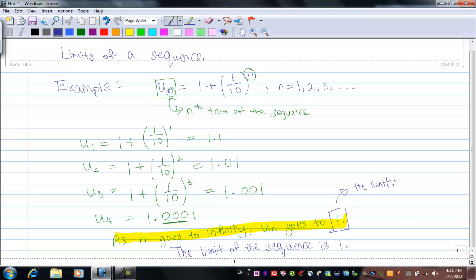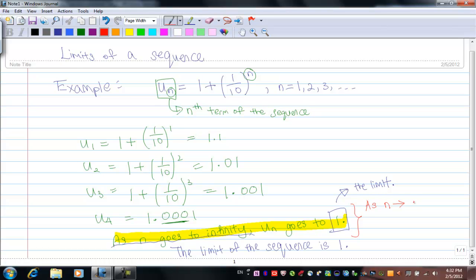Okay, and note that this is the value that it converges to as n goes to infinity. Now, mathematicians can be quite lazy people, right? So, this sentence is quite tedious to write. So to write this in short form, what we sometimes write is n, and instead of writing goes to, we use an arrow.